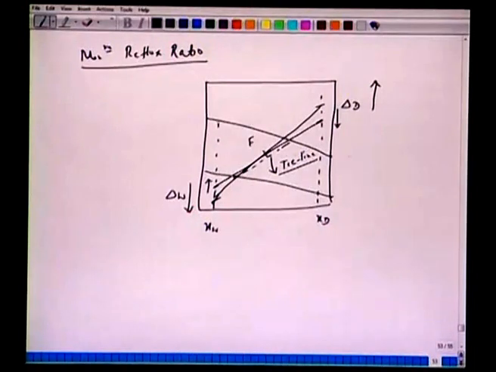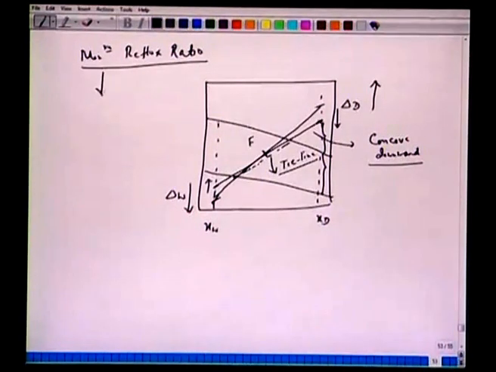Very often it happens when the tie line corresponds to this operating line passing through del D and del W and F, when your equilibrium curve is concave downward. So, when we are asked to calculate the minimum reflux ratio, we have to find that operating line which coincides with the tie line. This will give us the minimum reflux ratio. If we take this segment by this segment, it will give us the minimum reflux ratio.